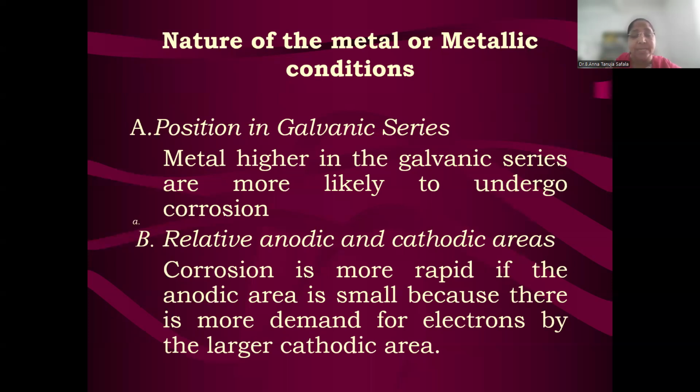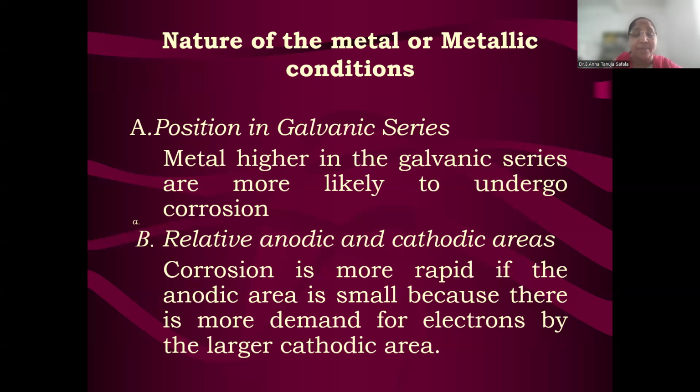That means the metals which are above in the galvanic series have a high tendency to corrode because they have high oxidation potential. Metals with high oxidation potentials always have the tendency to lose electrons and corrode fast.